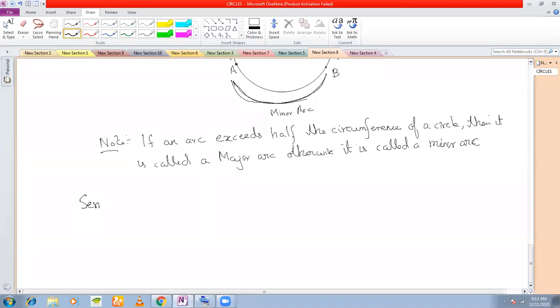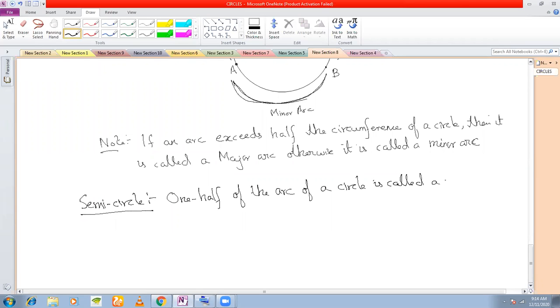Semicircle. A semicircle is one half of the arc of a circle, or simply half of the arc of a circle. One half of the arc of a circle is called a semicircle. So that means if an arc is more than a semicircle, then it is a major arc.